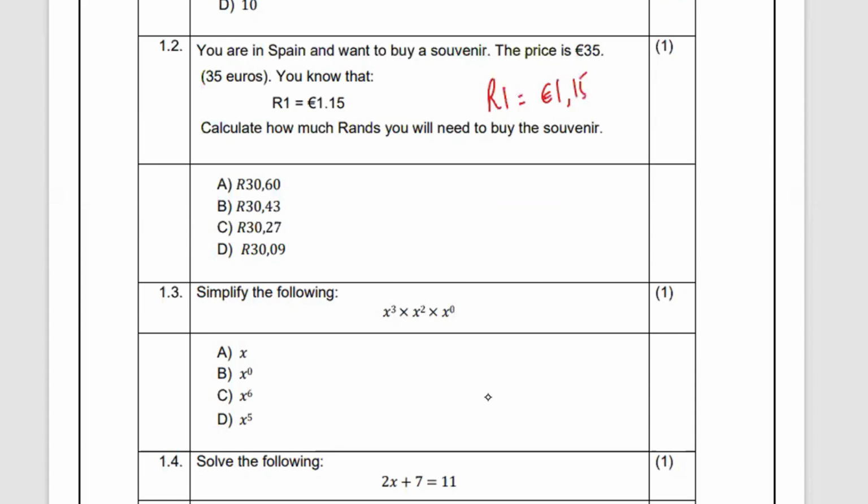Let's put the euros on one side, which is 30. We're looking for the rands. For us to get the answer, let's get the side that has both values known, which is 30. You divide it by the first number, which is 1.15, multiplied by 1, which is on this other side. When that is done, our answer becomes 30.43. So the correct option is B.